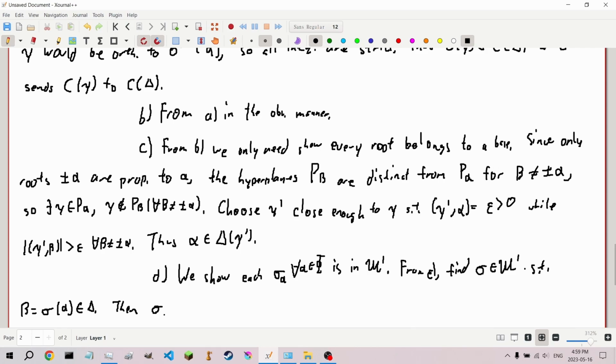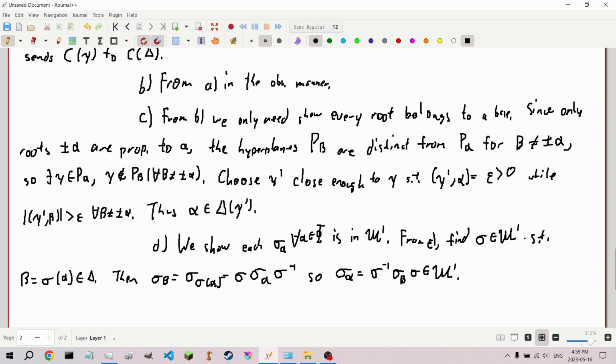Then σ_β, the reflection of β, is the reflection of σ(α), the conjugate of σ_α by σ. So σ_α is just the conjugate of σ_β by σ inverse, which is in the lesser Weyl group, which is just the Weyl group.